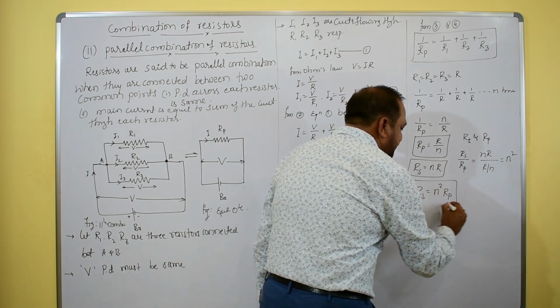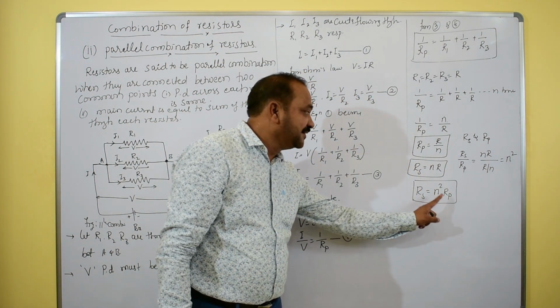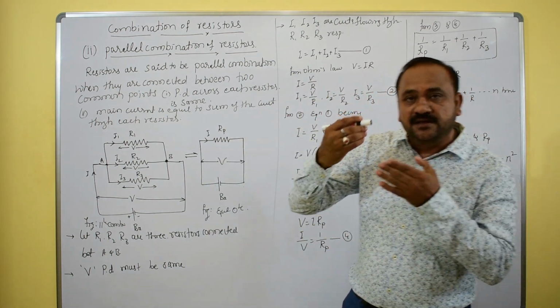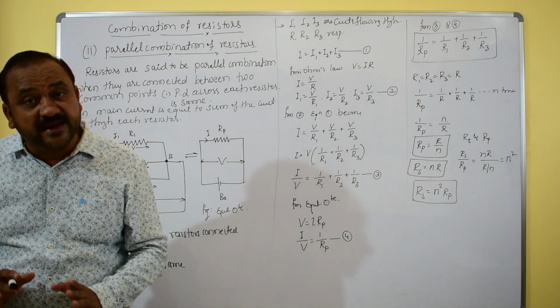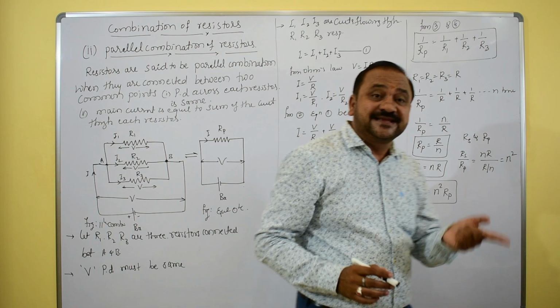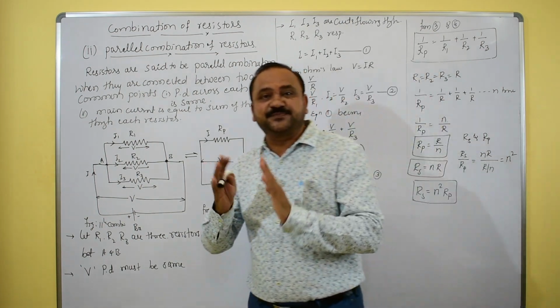This is the relation. See the ratio of higher resistance to lower resistance: higher resistance is always the series combination, lower resistance is always the parallel combination.